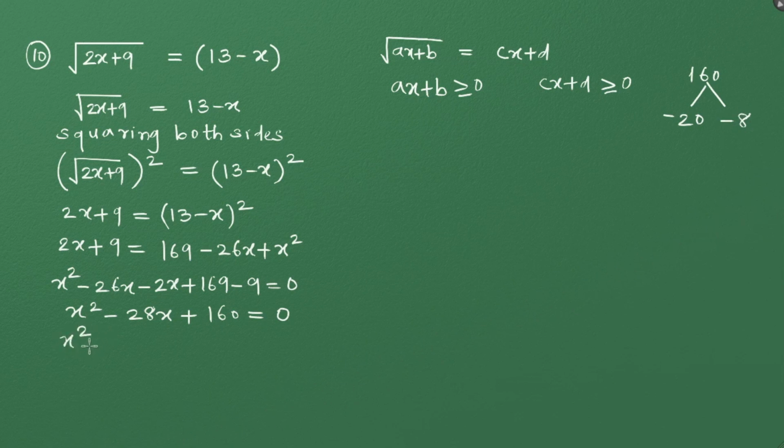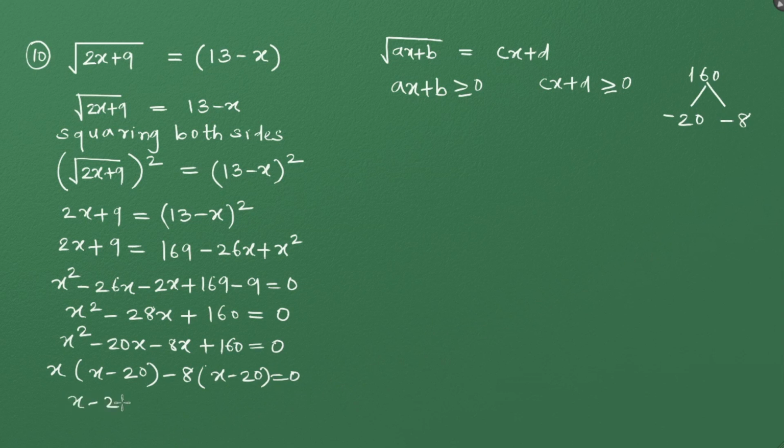Expressing the middle term as minus 20x minus 8x, taking out the common factor, now we have got two linear factors x minus 20 and x minus 8.